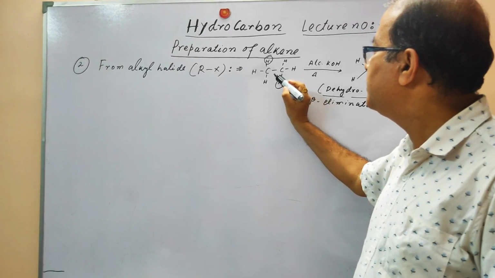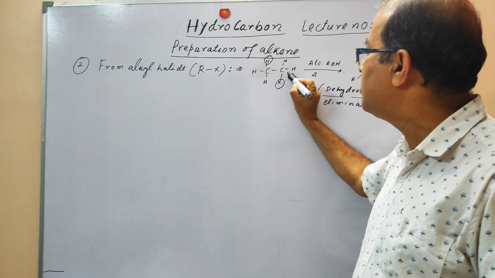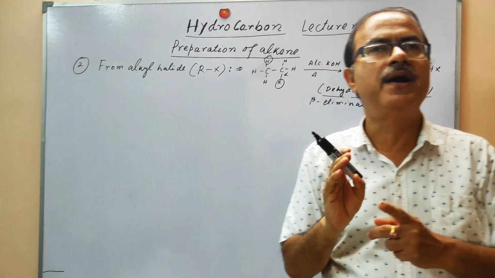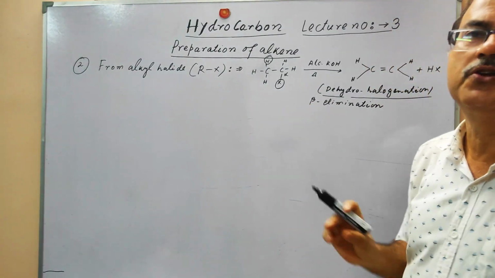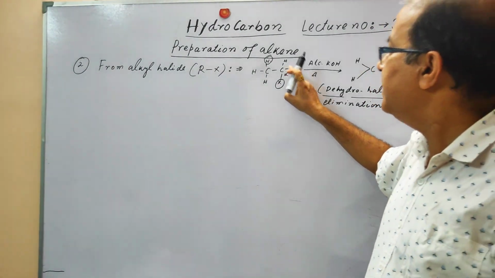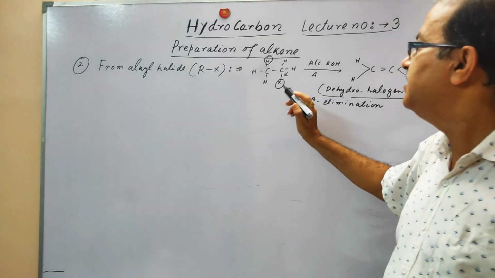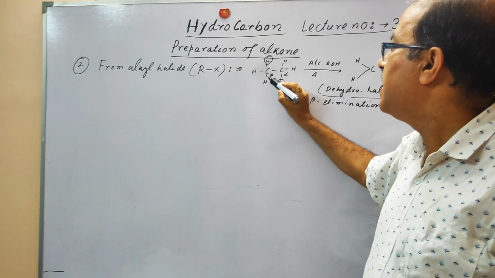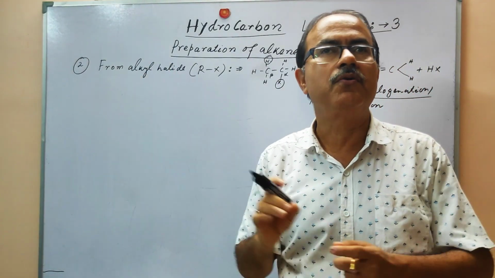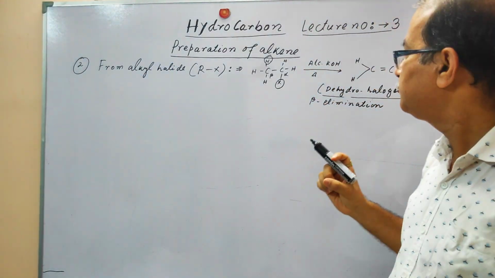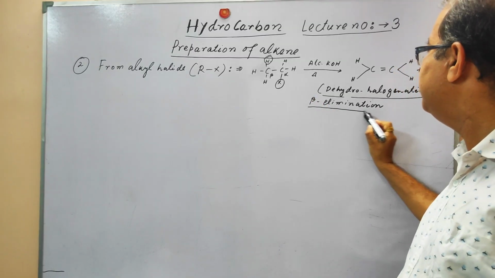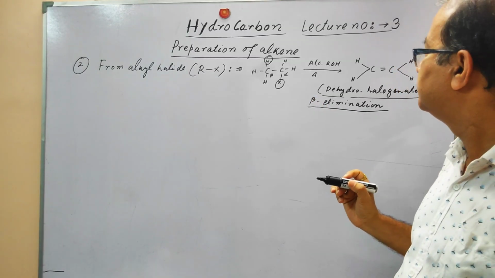Because here you can see this carbon atom is the alpha carbon, because in this carbon atom there is the halogen. This is called the alpha carbon atom, and next to it is the beta carbon atom, and from this beta carbon atom, this hydrogen atom has been taken out, and that is why it is called beta elimination reaction.